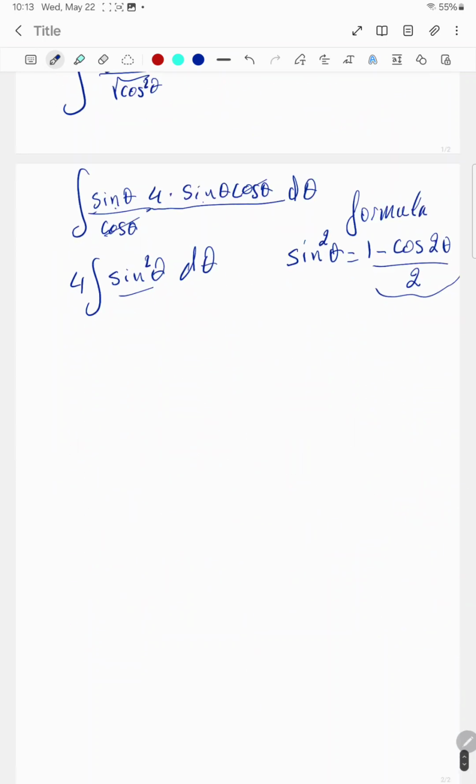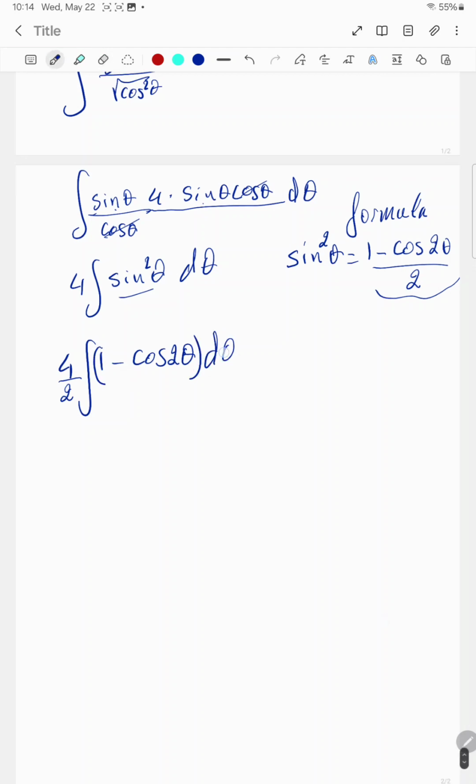So my integral becomes 4 times the integral of 1 minus cosine 2 theta. Instead of putting the division by 2 there, I will put it outside, because 2 is a constant, I'm allowed. All of that is multiplied by d theta. That becomes very easy to solve now. 4 divided by 2 is 2. Integral of 1 d theta minus integral of cosine 2 theta d theta.